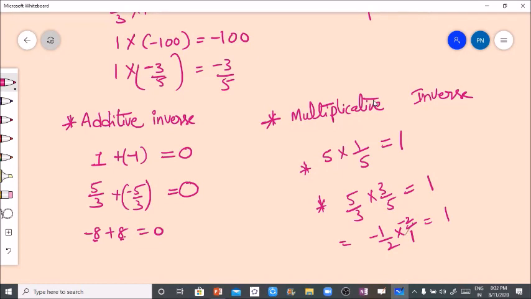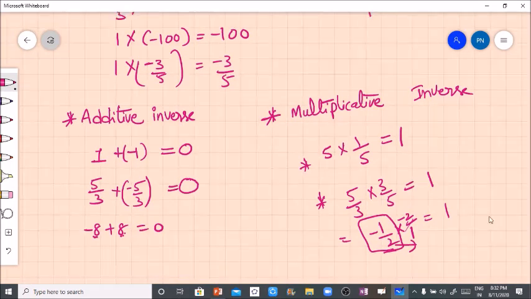So, this is the property we call the multiplicative inverse, the inverse property. Here the multiplicative inverse of a number is the reciprocal of the number. That means minus 1 by 2's reciprocal is minus 2 by 1. 5 by 3's reciprocal is 3 by 5. Reciprocal of 5 is 1 by 5.